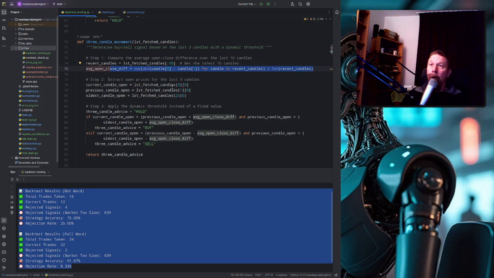Then the current last fetch extracts open prices for the last 3 candles, the 3-candle price hold, current candle open, plus the average open-close. Okay, this one is the new stuff.